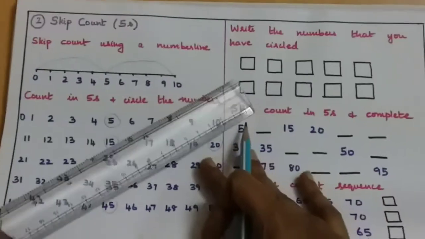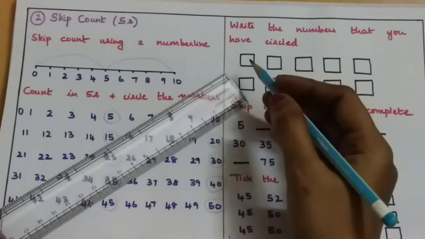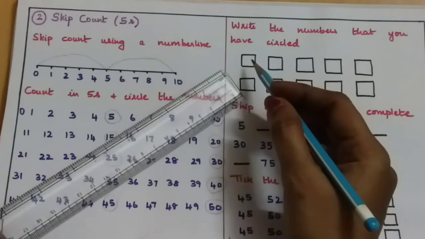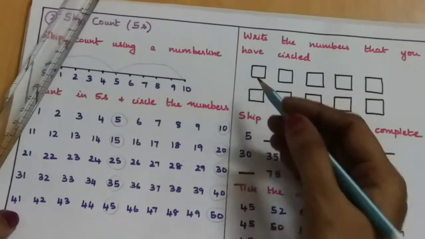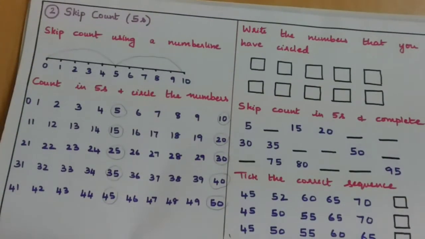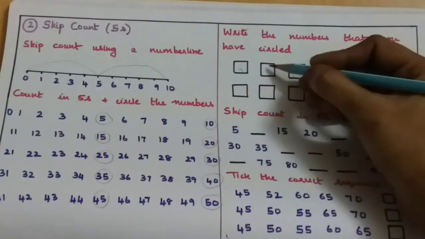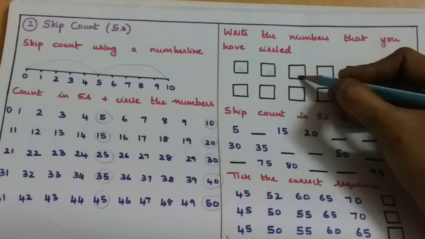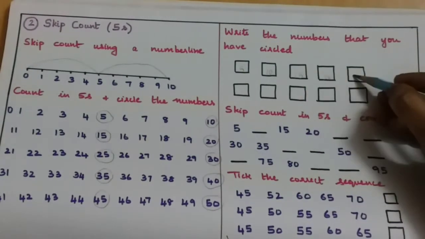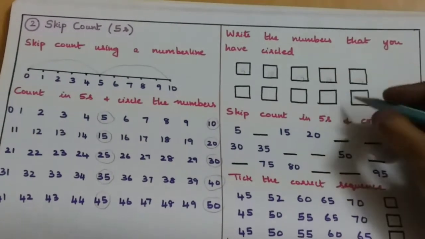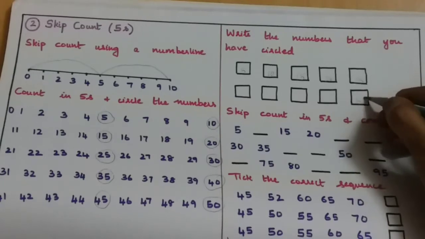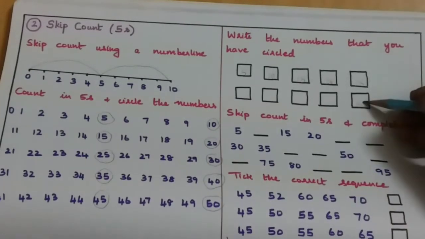Only then will they get to know the actual sequence they get when they skip count in fives. This is a very important step. So always after circling or coloring the numbers, ask them to write the sequence. Okay, so start with 5, 10, 15, 20, 25, 30, 35, 40, 45 up to 50.